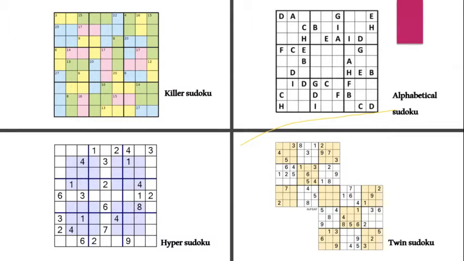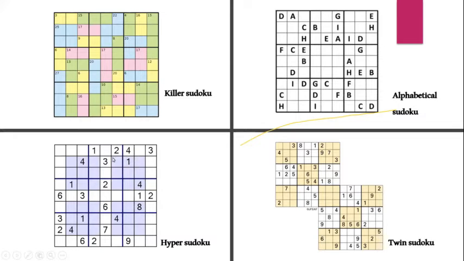The second, alphabetical Sudoku. In a classical Sudoku, we solve it using numbers from 1 to 9. But here in alphabetical Sudoku, alphabets from A to I are used. Hyper Sudoku. In a classical Sudoku, there are 9 blocks filled with numbers from 1 to 9.